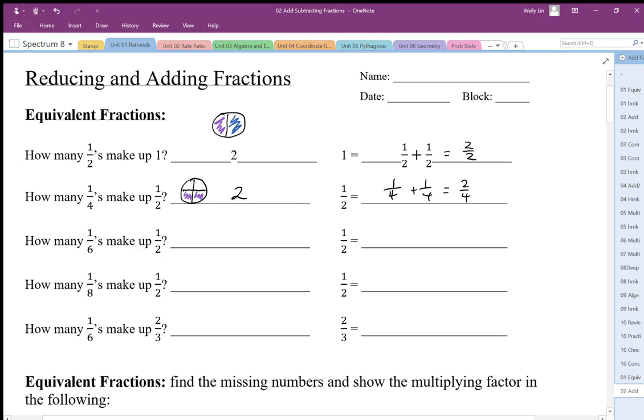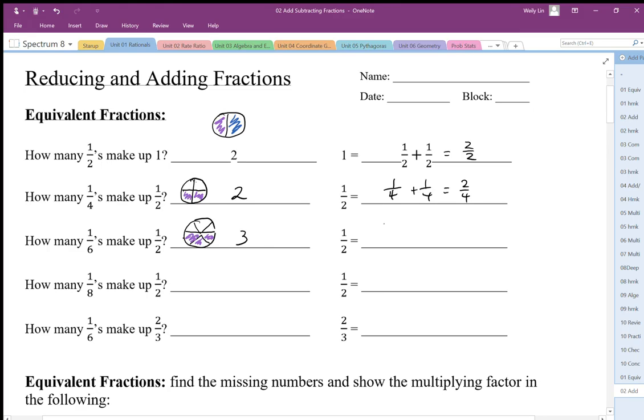So how many 1/6 fractions make up a 1/2 fraction? Well, if we look at a 1/2 fraction, we can see that if we divide it up into 1/6 pieces and count those up, we have 1, 2, 3 pieces here to make up that 1/2 fraction. So we end up with 3 pieces.